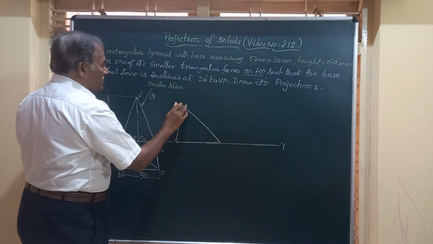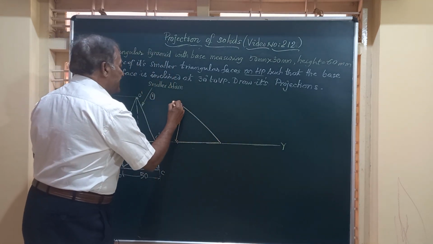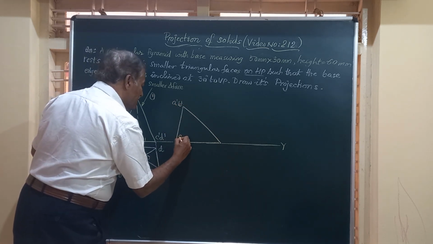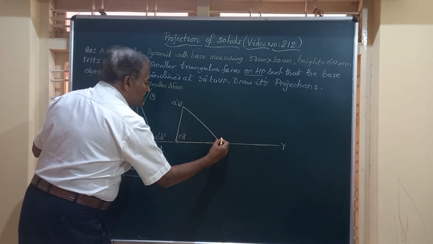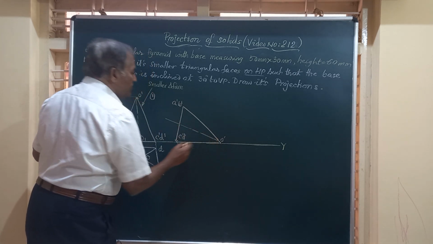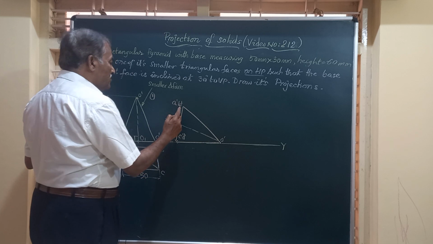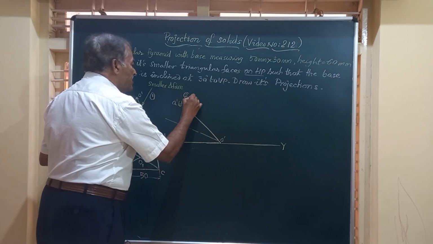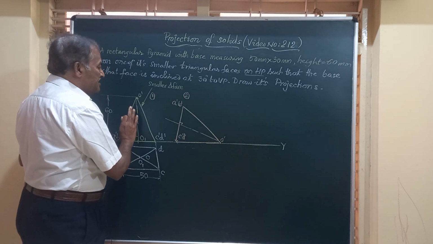This triangle will have this dimension, the points A dash, B dash here, C dash, D dash, and this is O dash. This is the axis of the solid. You can observe, friend, in figure number 2, what I have drawn here is the photocopy of this triangle in the front view.